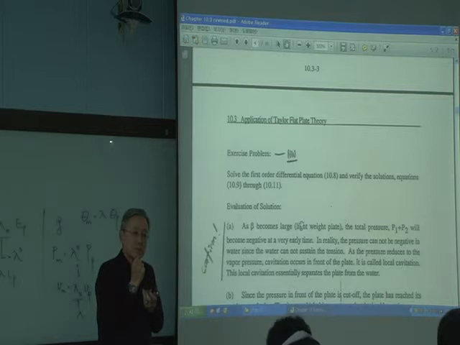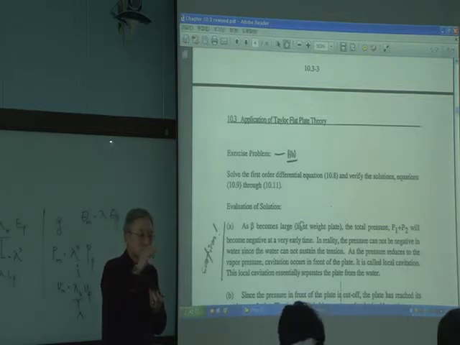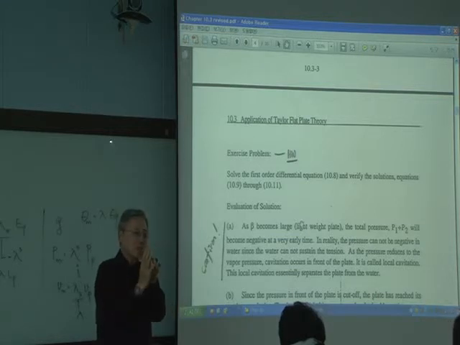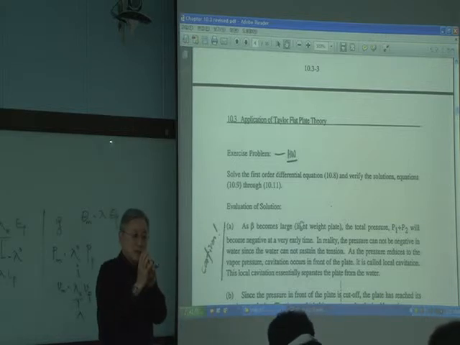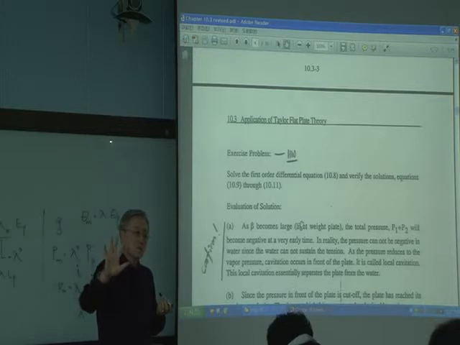Then cavitation occurs, right? You saw the bulk cavitation we talked about. Bulk cavitation occurs. Inside of the boat is usually air, pressurized air, right?